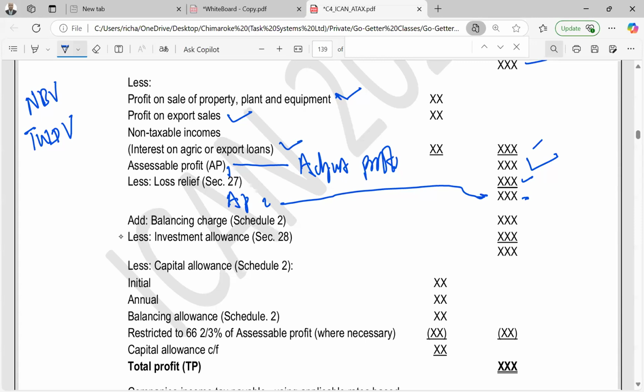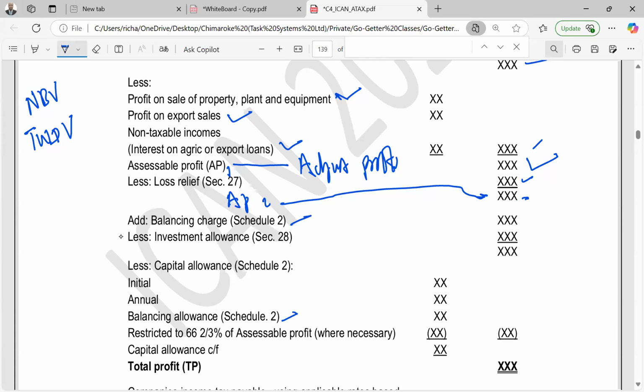That is an income in the eye of the tax man. They're going to charge you tax on the extra 50. That is what we call the balancing charge. And we are going to add it because it's an income, as opposed to balancing allowance.